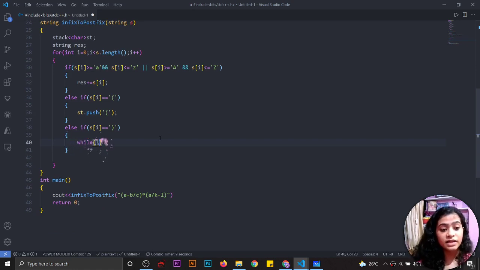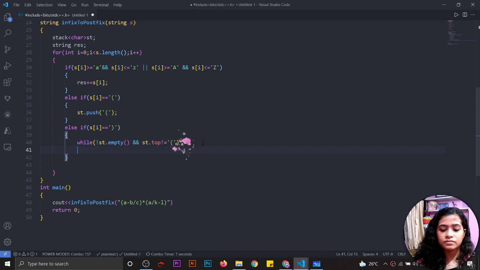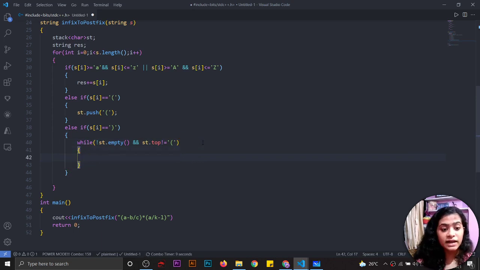If the stack is empty, then we cannot perform any operation. St dot empty. If it is not empty and the top of the stack is not equal to opening bracket, then only we will perform this operation. If there is closing bracket, then what I have told you, we will pop out elements and then we will evaluate the expression.